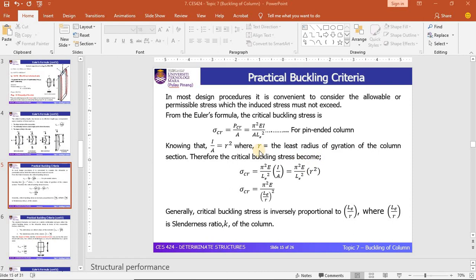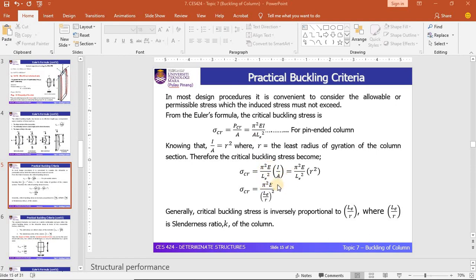What you can see in this equation is that you can factorize or rearrange it so that I over A is factorized from the pi square E over LE square.